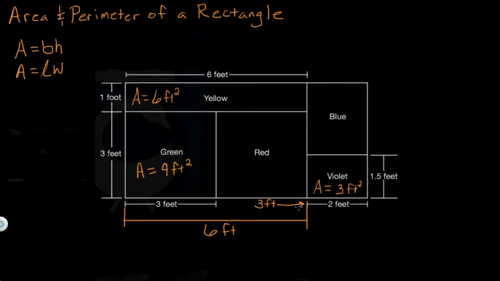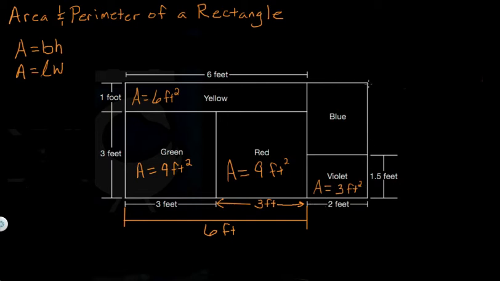All right, so this distance from here to here is also 3 feet. So given that this is 3 feet, this is 3 feet, we can conclude that the area of the red is also 9 square feet.